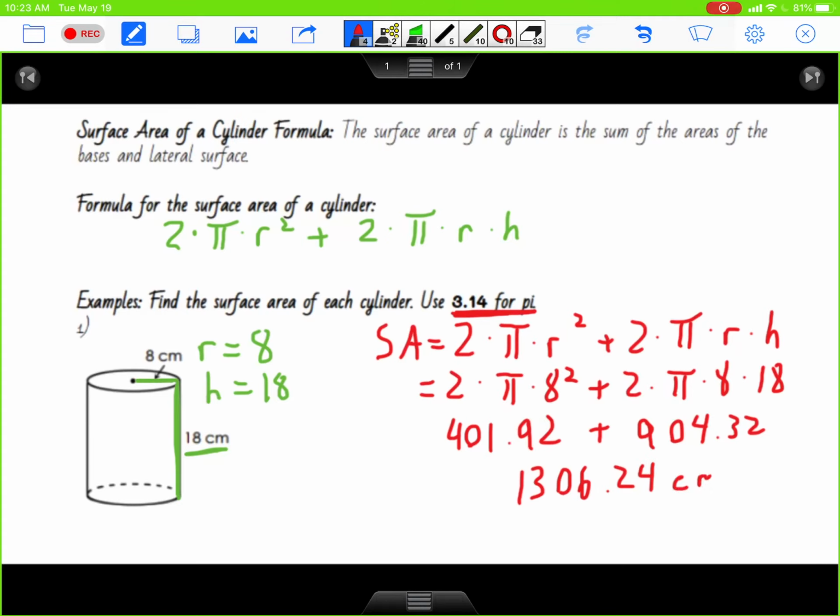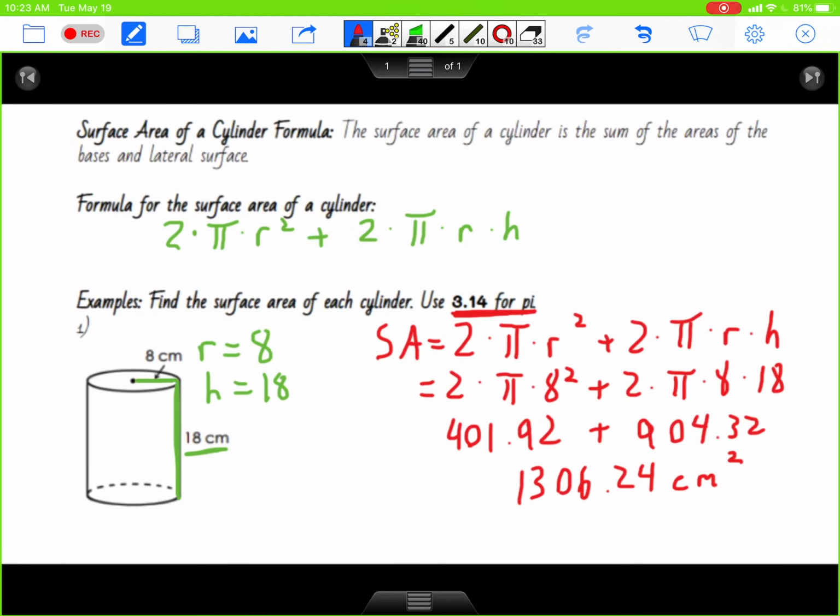Don't forget your units of centimeters squared because we're talking about area still. And that's it. It's just a formula for this one. It's pretty simple. You just need those two measurements, and you're pretty set, as long as you remember what the formula is.